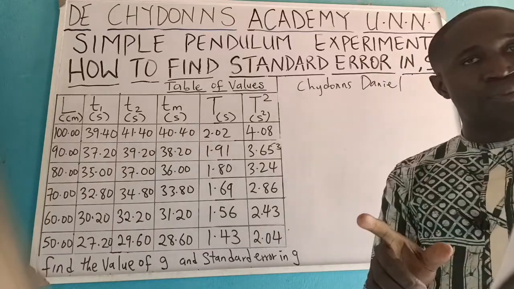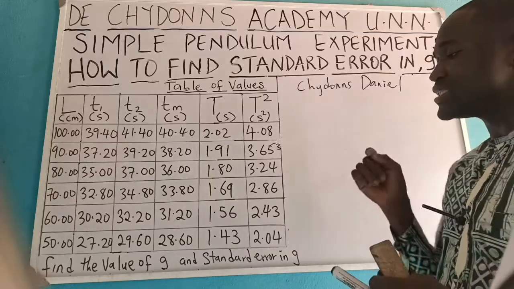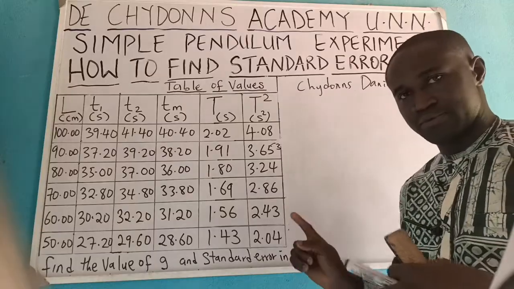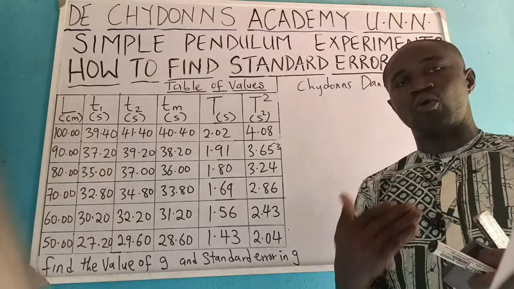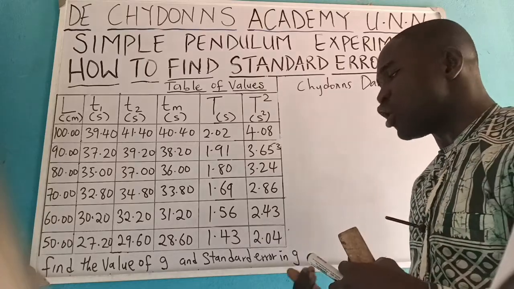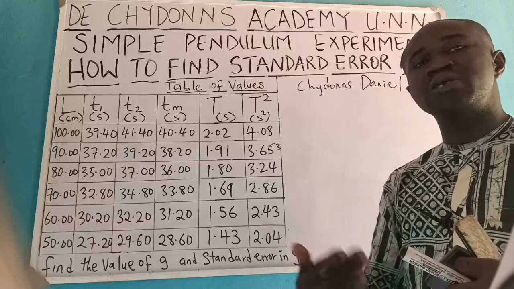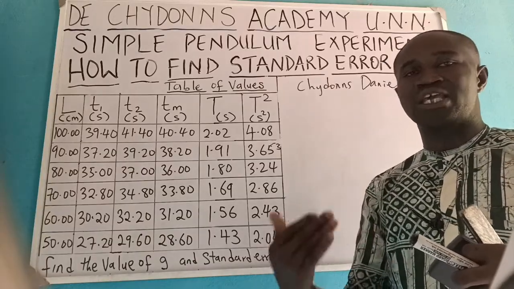Getting your slope and getting your standard error in slope is different from getting your G and getting your standard error in G. Okay? And so we saw in that video how to get your slope, and we also showed possible ways you can get your standard error in slope.